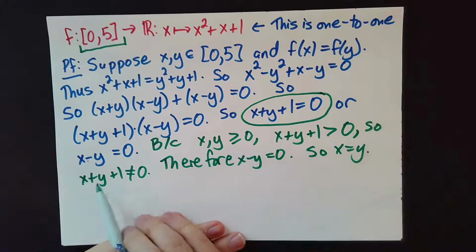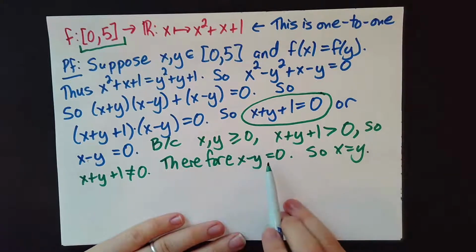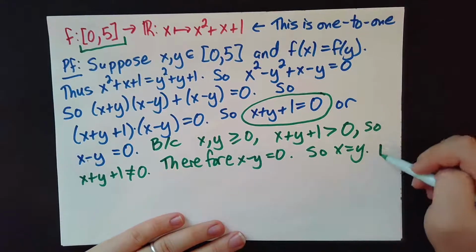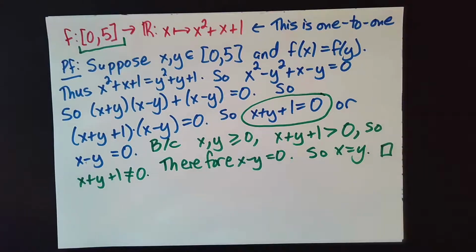Okay, and once I have x minus y equals 0, I add y to both sides. That gives me x equals y, and then I am done.